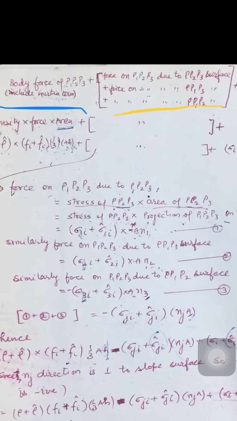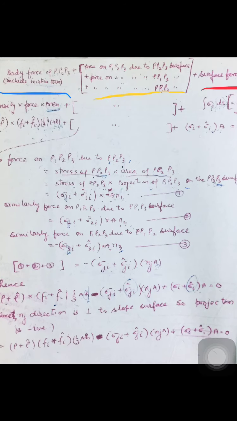Yeah, these are the notes showing how we get the equation. What we are doing: the first part, in blue ink, of equation 2.8 is nothing but the body force on P1, P2, P3 including the inertia term.